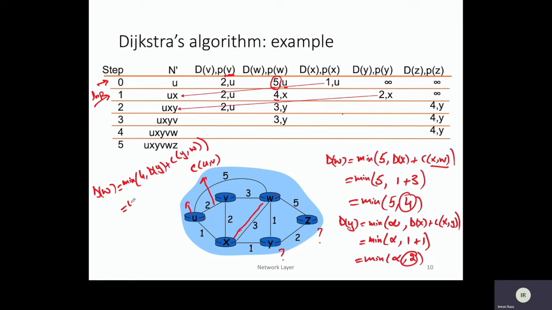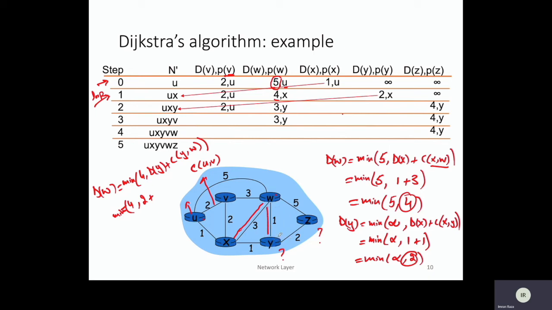So it's the minimum of 4 or what is the cost to reach Y? 2. And what is the cost to reach from Y to W?